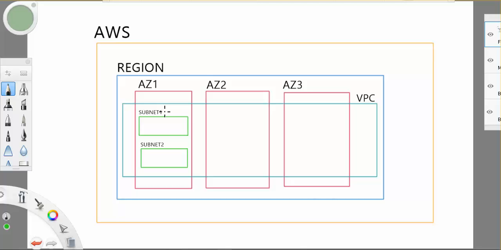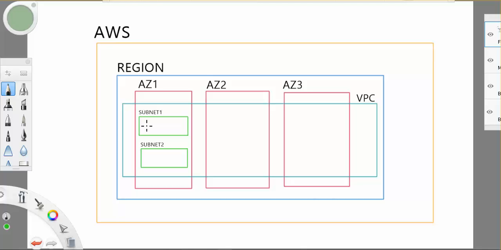By the way, these subnets can be either public or private. When I say public, that means that any EC2 instance, for instance, that is placed in here can potentially be accessible from the internet. So someone from the outside can come into my VPC and then come directly into the subnet and then eventually access the EC2 instance that I have here.